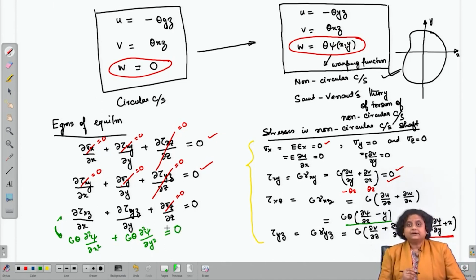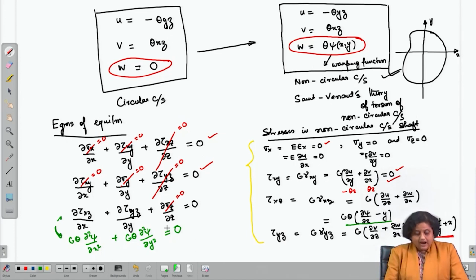Now, the third equation of equilibrium, please note that it is not getting satisfied unless the warping function psi is such that it satisfies this condition.